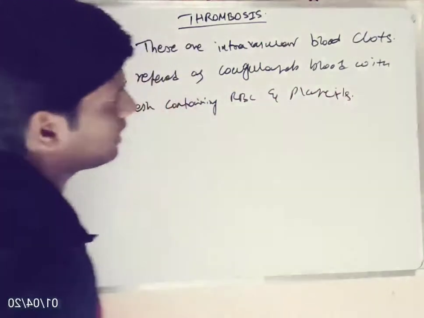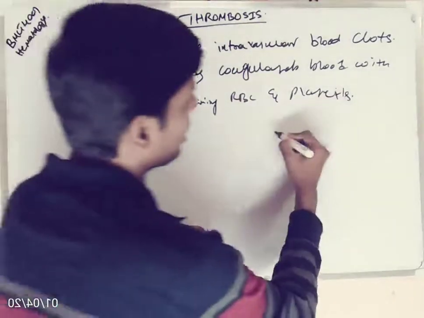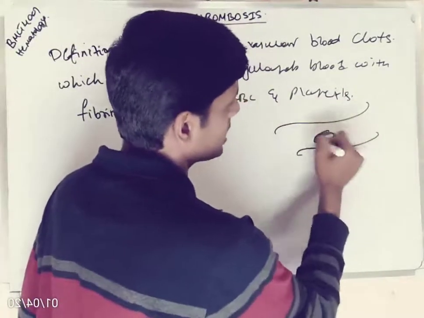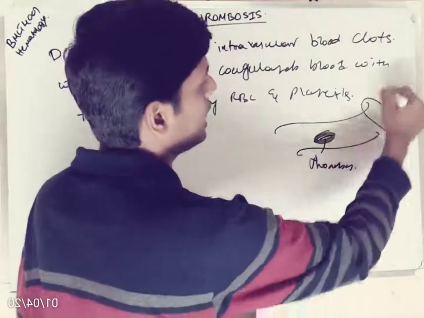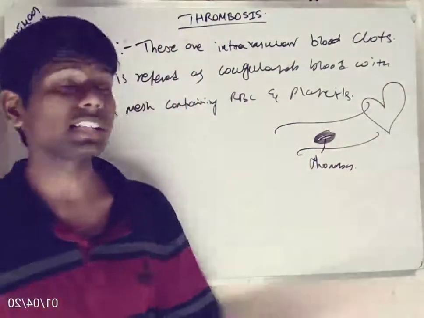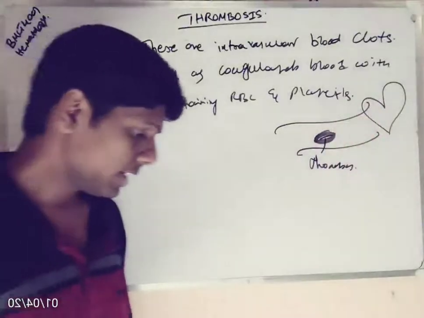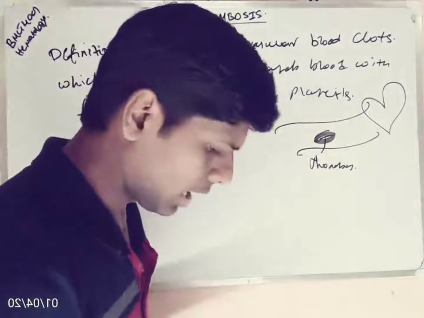So these will clot within the lumen of the blood vessel. So these clots will form. These clots are called thrombus, and this thrombus will block the major organs that results in ischemia. So what are the causes that will cause thrombus?